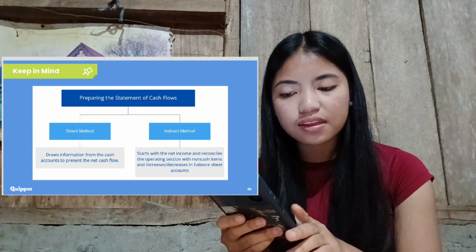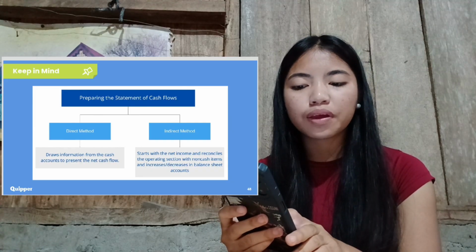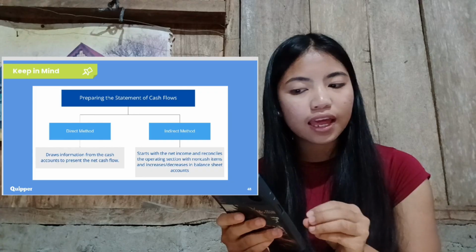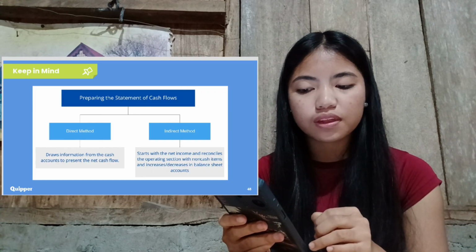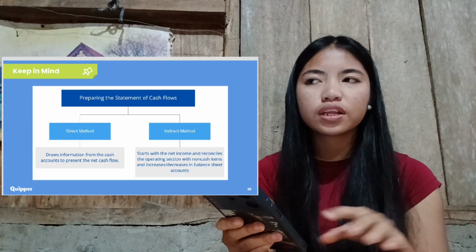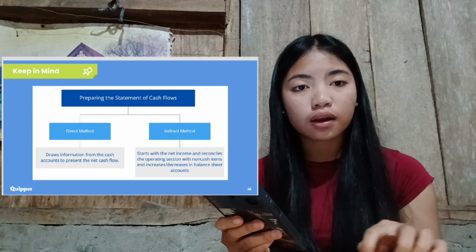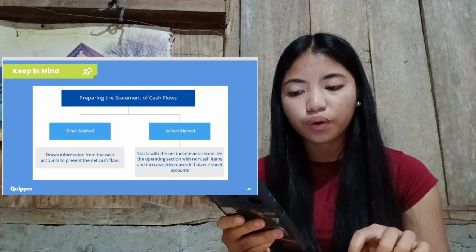And that's our discussion all about preparing the statement of cash flows. Again, the direct method draws information from the cash accounts to present the net cash flow. So, identify dyan kung asa ka ng kwartaha o giasa ng kwartaha and ang ilang net cash flow.